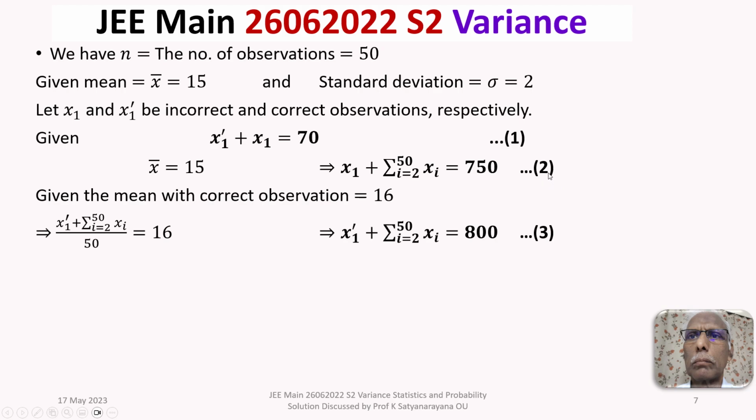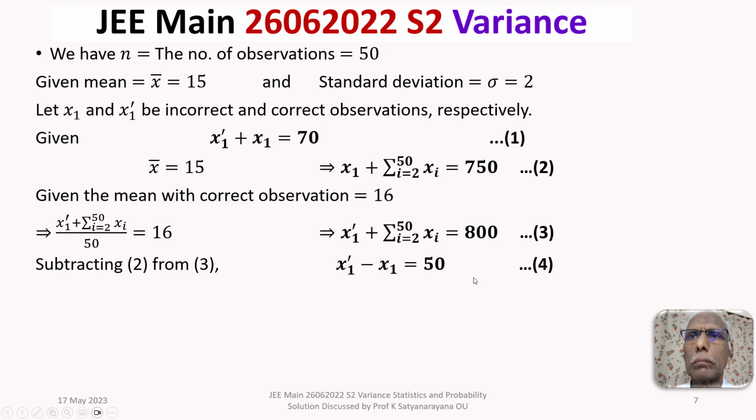Now subtract equation 2 from equation 3. We get x1 prime minus x1, as the remaining sum cancels, is equal to 800 minus 750, that is 50. From equation 1, we have x1 prime plus x1 is equal to 70. From equation 4, x1 prime minus x1 is equal to 50.